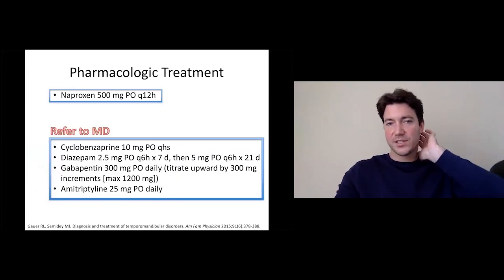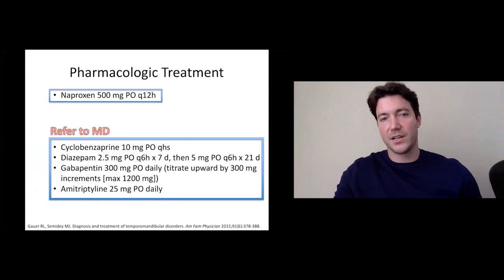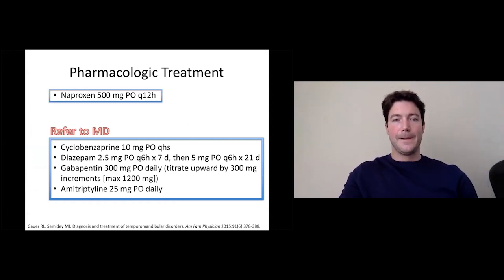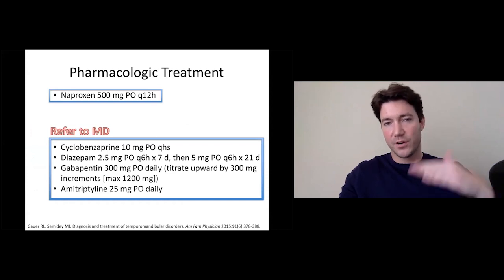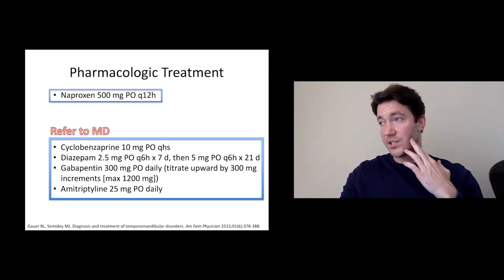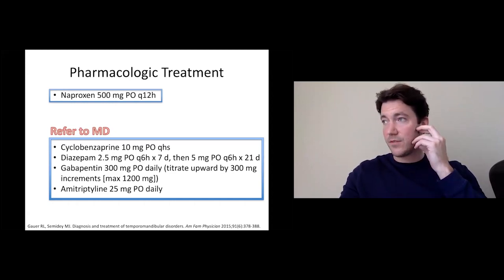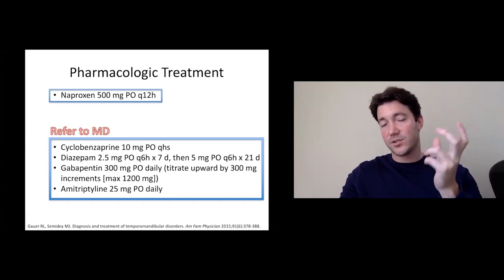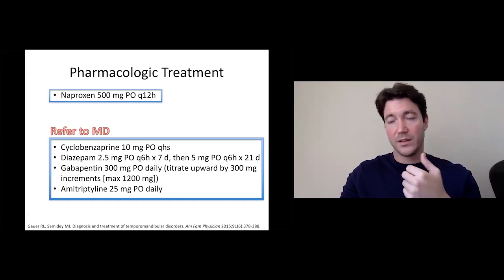When we see patients as dentists, thinking of naproxen 500 milligrams twice a day during that conservative, non-surgical management side of things is really important to get them on, because that helps reduce that inflammation and helps get them out of the woods, helps things to heal up a bit while they're avoiding the difficult to chew foods.